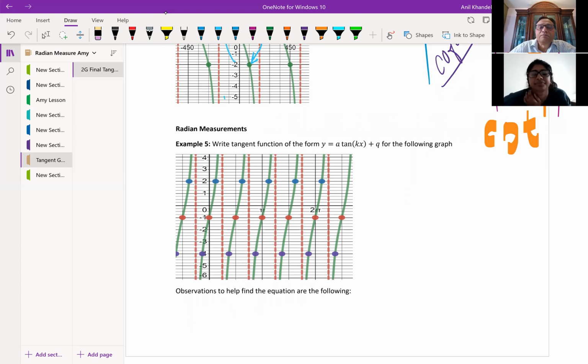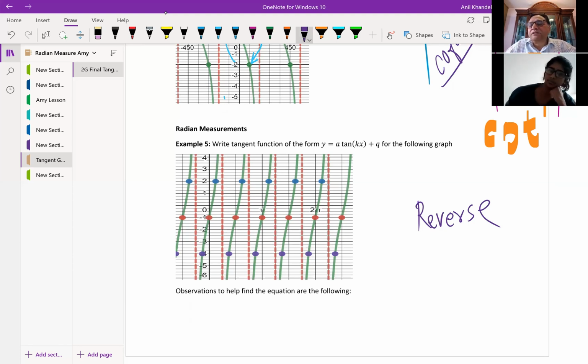How will you do it? So first, I look at the asymptotes. It is the reverse thing which we are doing, right? Earlier, we were trying to get the graph from the equation. Now from the graph, we will get the equation, correct? What is important here is the frame, right?